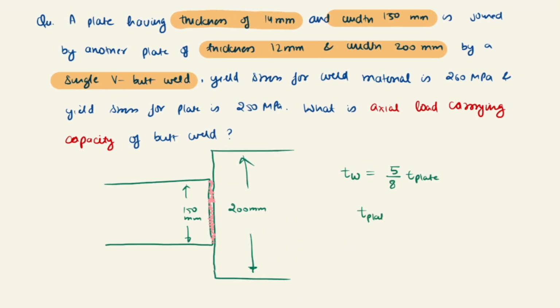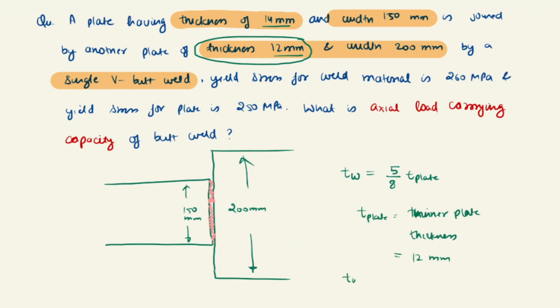So the thinner plate has the dimension of 12 mm, as it's visible in the question, because one thickness is 14 mm and one thickness is 12 mm. Thickness of plate T we will take as 12 mm.